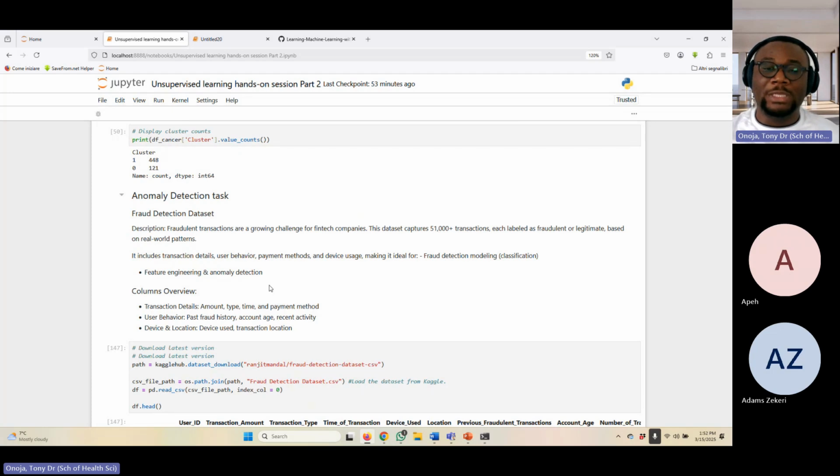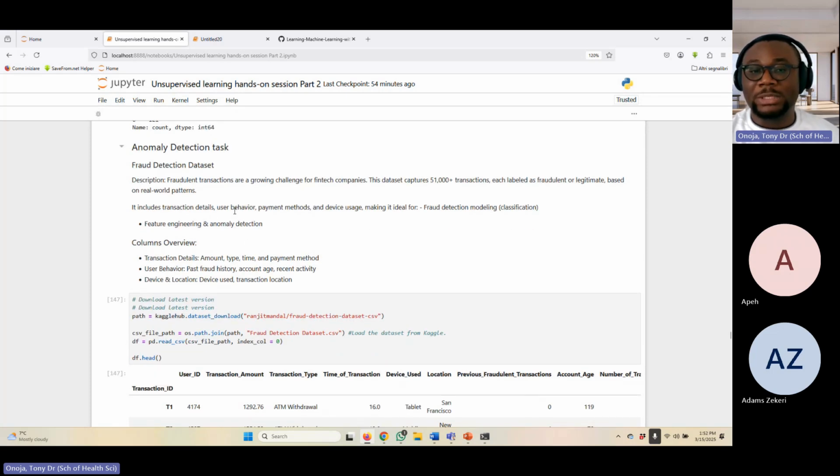Most of the time, you are interested in predicting those things because fraudulent transactions are a growing challenge for fintech companies. So this data set has about 51,000 plus transactions, each labeled as fraudulent or legitimate activity based on real world patterns.